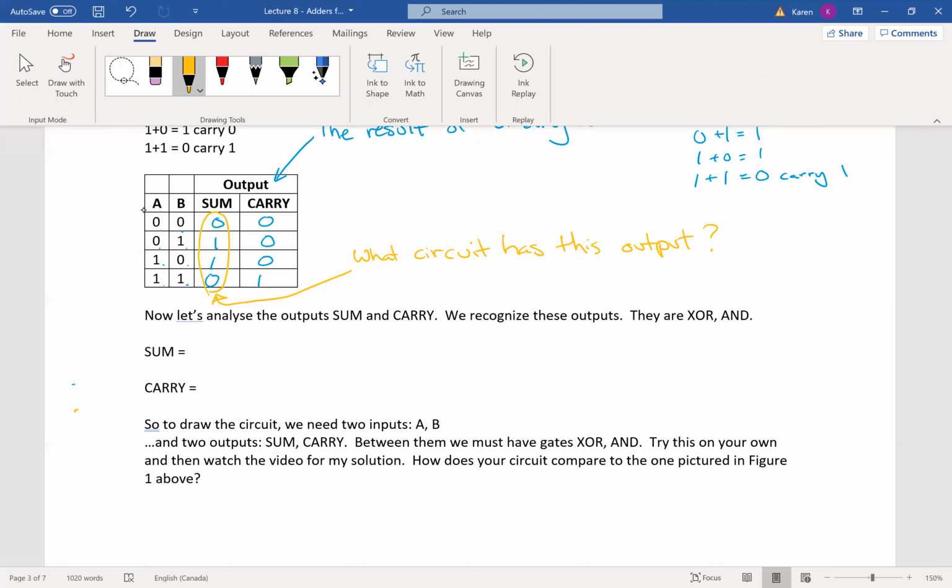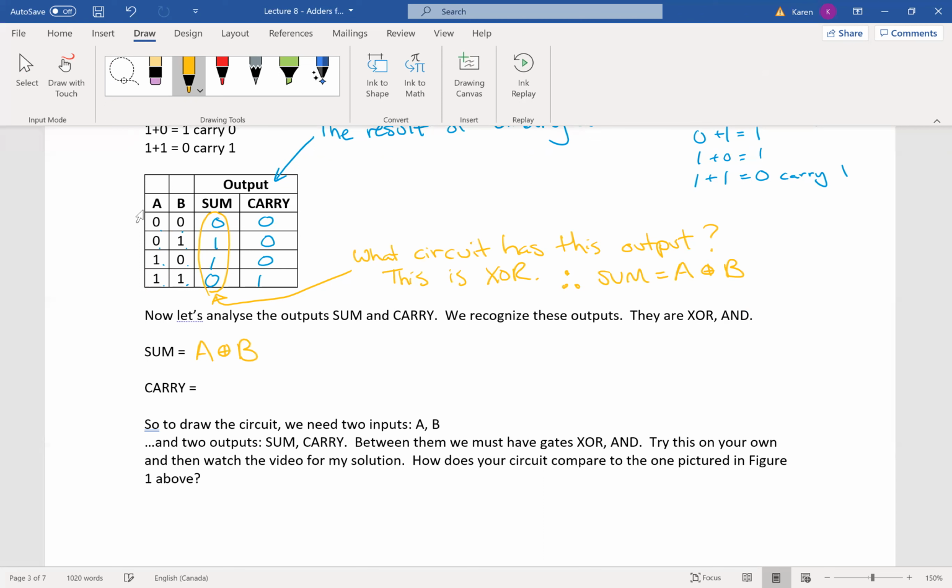This is, if you remember, exclusive OR. The output is high when exclusively one or the other, but not both, are high. So this is exclusive OR. Therefore, the output sum is A exclusive OR B.